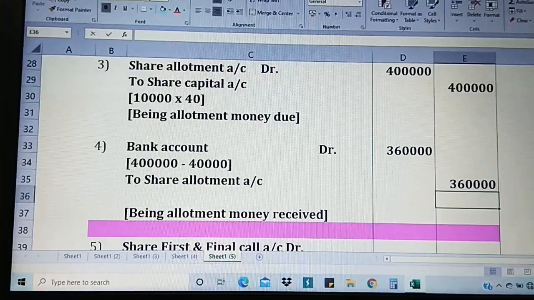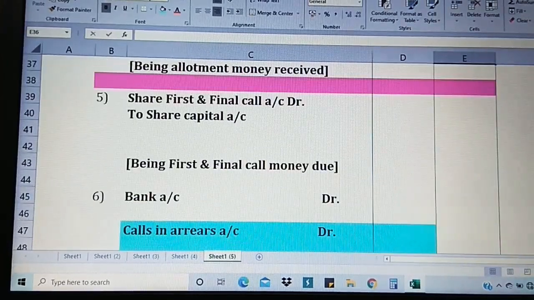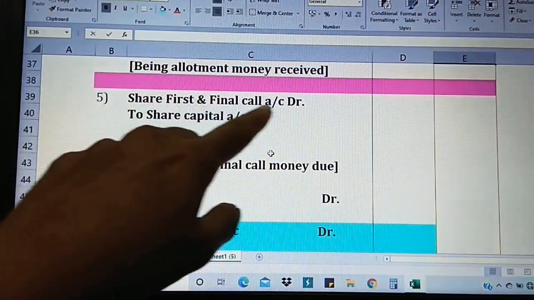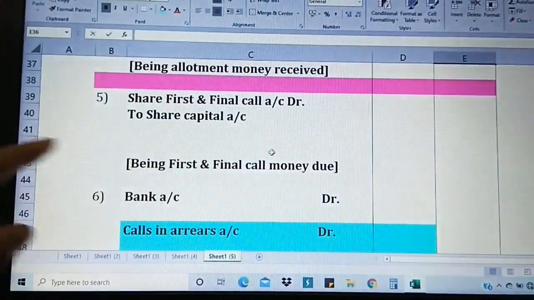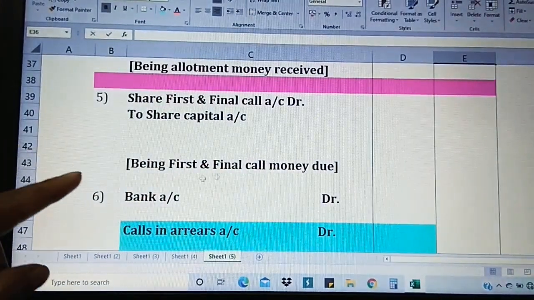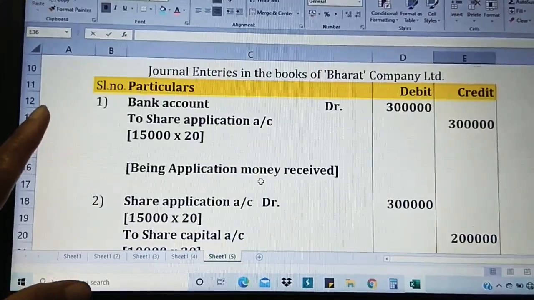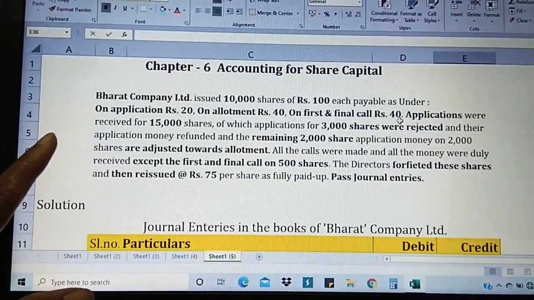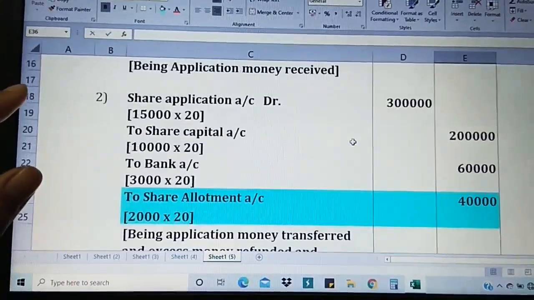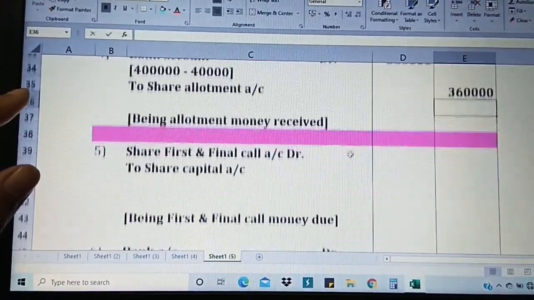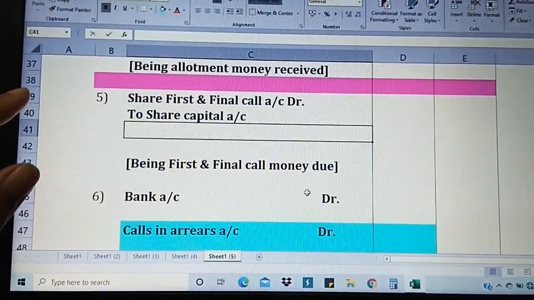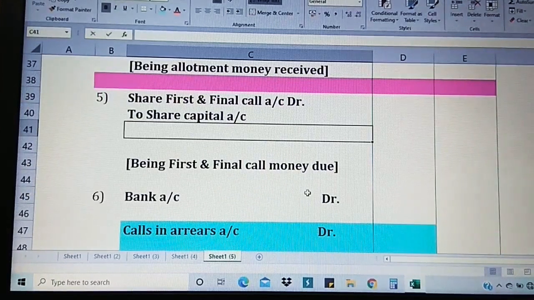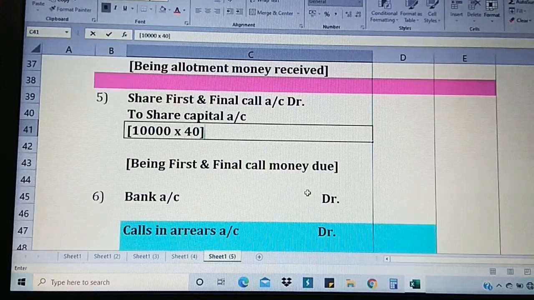Okay, now let us go for the next entry. Now coming to the first and final call due entry. Share first and final call account debit to share capital account. Now just observe, the narration is here. Let us observe what is the rate for the first and final call. It is again 40. So for the calculation it's going to be 10,000 shares at rupees 40, the same.